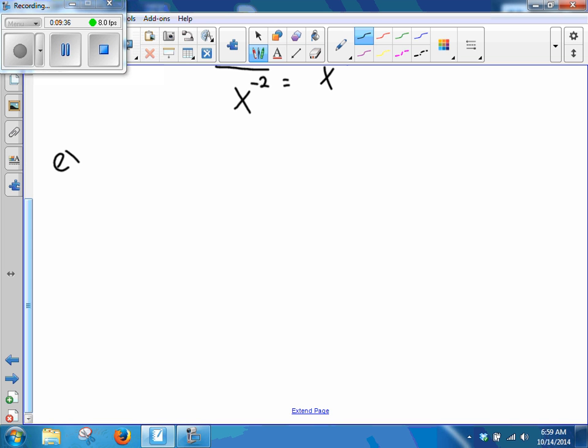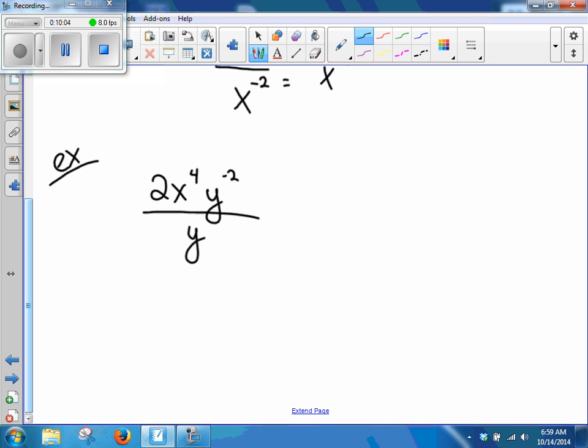So just a quick example of what I was talking about. You've got to move only the stuff that the exponent is attached to. So let's say I have 2x to the 4th, y to the negative 2, all over y. Right now I can divide and subtract, but we haven't gotten to the quotient rule yet. So right now I'm only working with the negative.